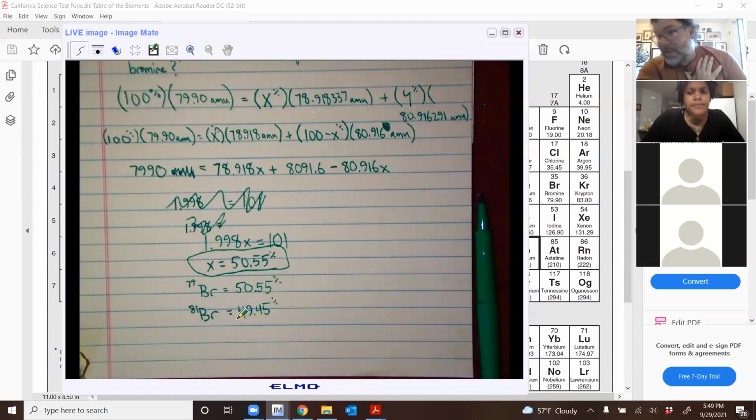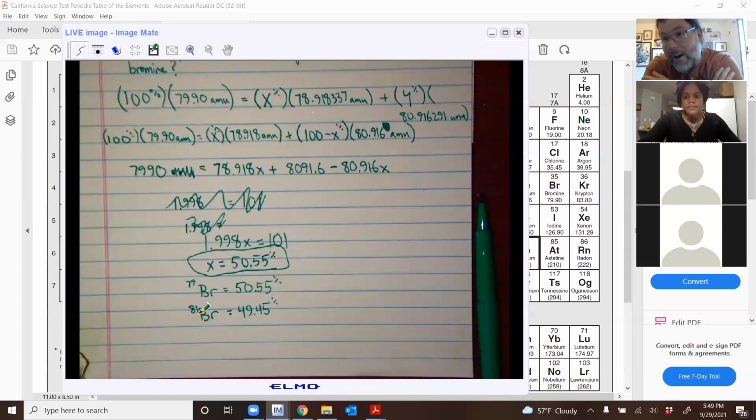And it turns out that that's real data for bromine. So in a big pile of bromine atoms, about half of them are bromine 79s, and about half of them are bromine 81s. We actually see this in the world of organic chemistry with an instrument called a mass spectrometer that actually measures the masses of whatever molecules we put into it.